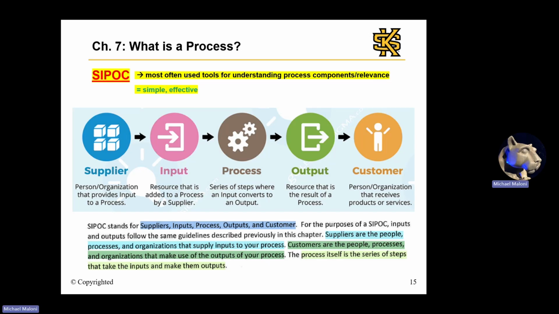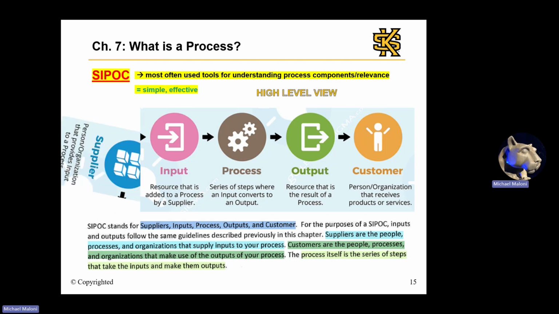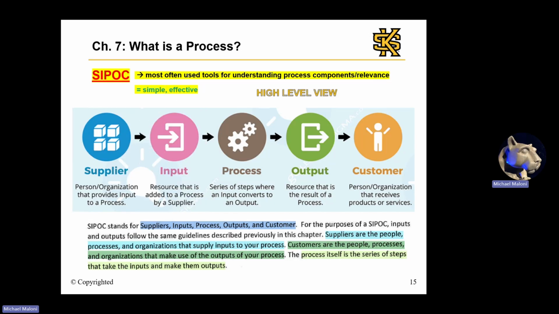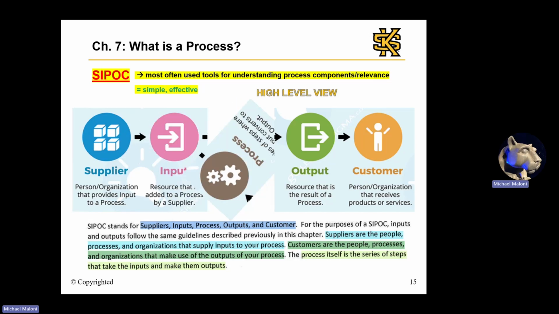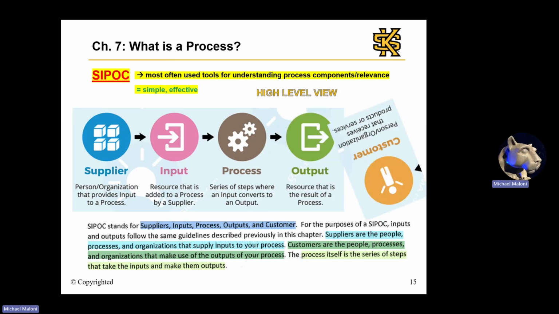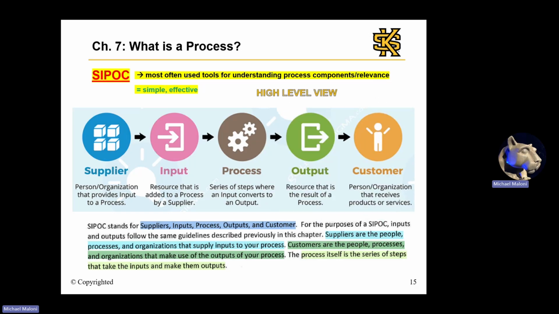SIPOC provides a high-level view of the organization or of a specific process. So suppliers provide inputs for a process, which are then transformed by the process to become outputs, which are then delivered to the customer, who can be external or internal to the organization.